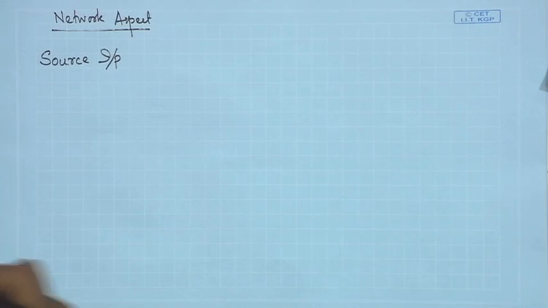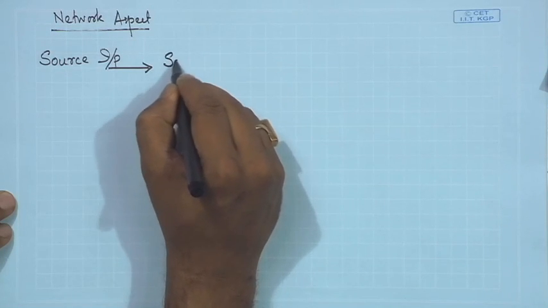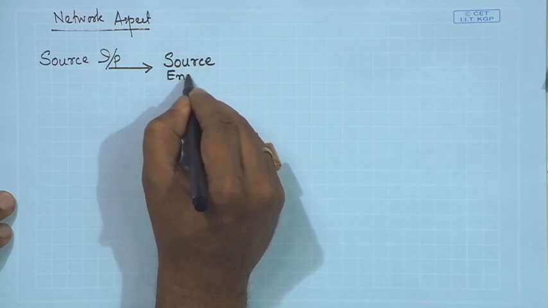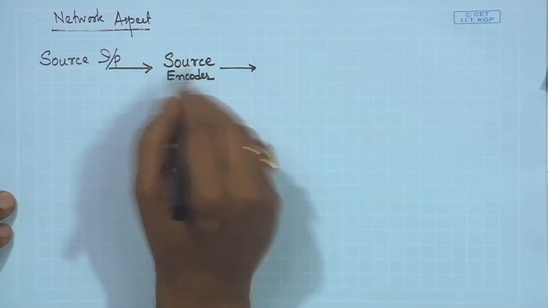That's what we have been doing. The source input goes into the source encoder, whose block diagram we have discussed, and we will go into each detail of the source encoder blocks later on.